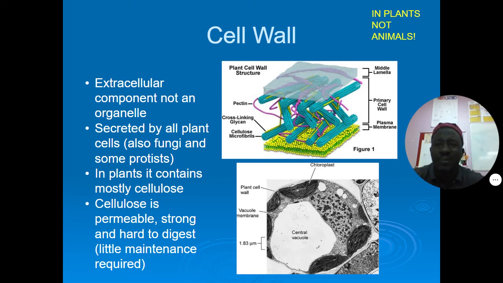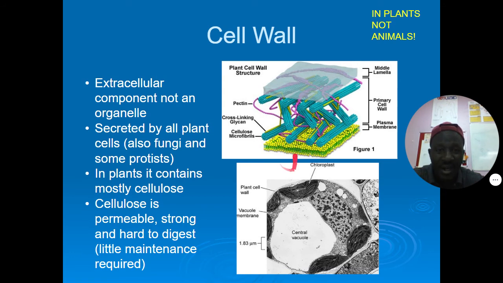It is an extra component, not an organelle. It's an extracellular component, outside the cell, secreted by all plant cells, also fungi and some protists. In plants, it contains mostly cellulose. Cellulose is permeable, strong, and hard to digest. The cellulose microfibrils are permeable and allow materials to go through, but are hard to digest.